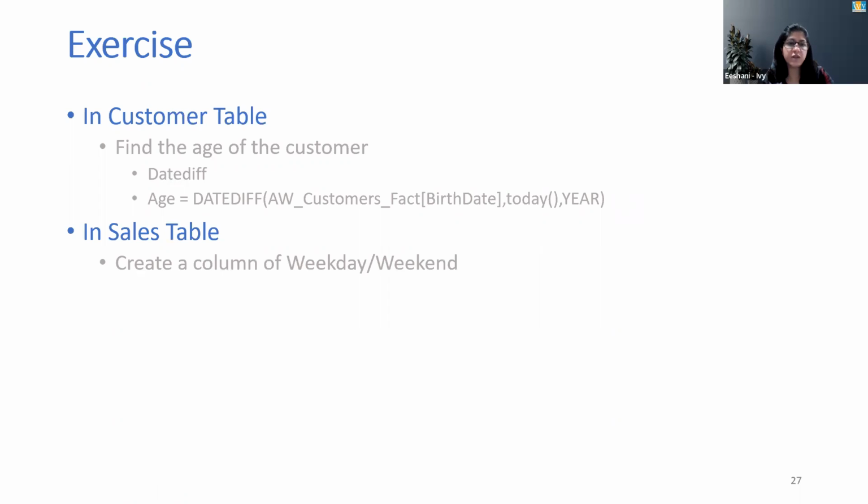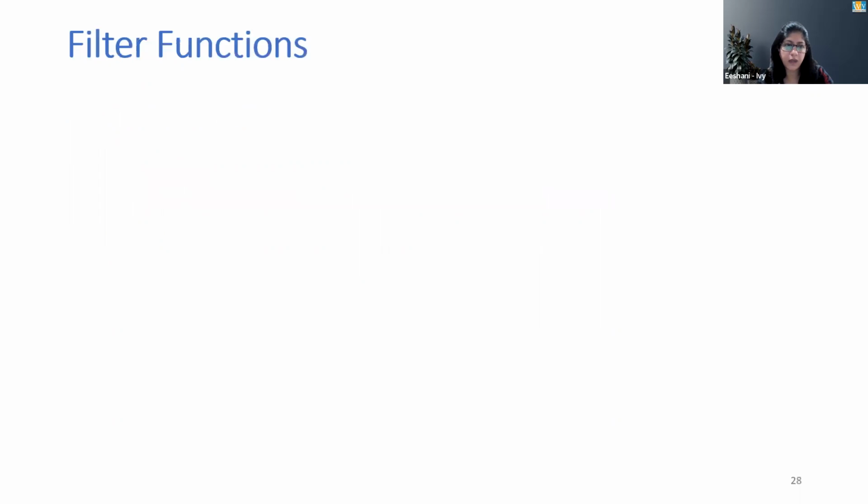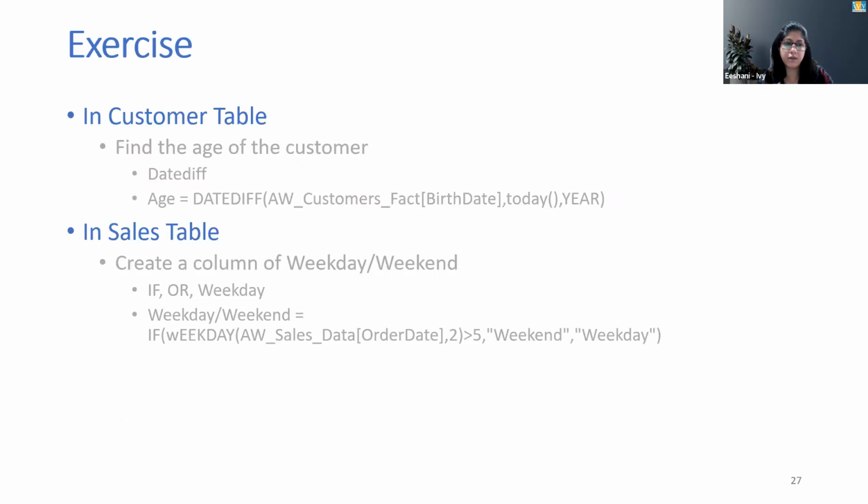There's one more question in the sales table: create weekday and weekend. I think we've already done this, so you don't have to do it. Done with the date, age. When I was explaining IF and OR, I had already made you do weekday and weekend. So this is also done for you guys.